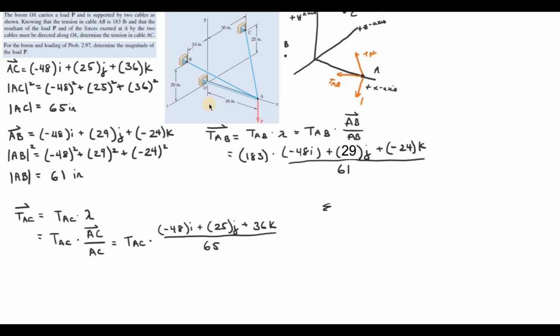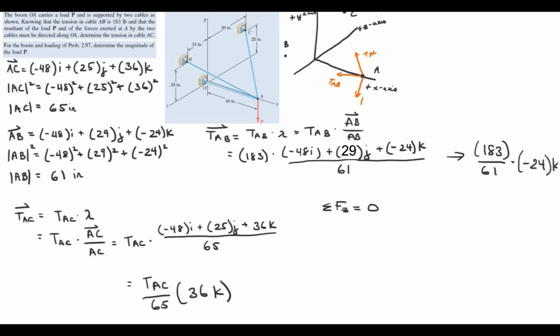So now taking the Z components from tension AC and tension AB, the Z components of tension AB and tension AC have to equal 0.